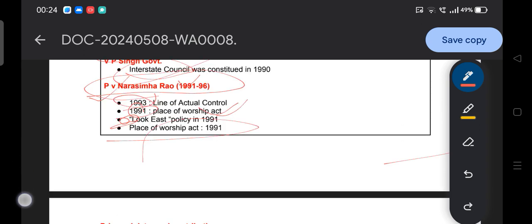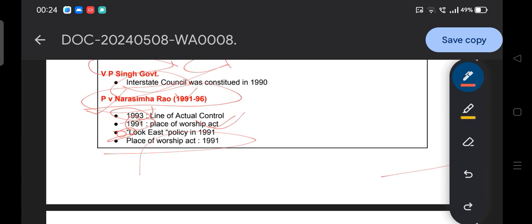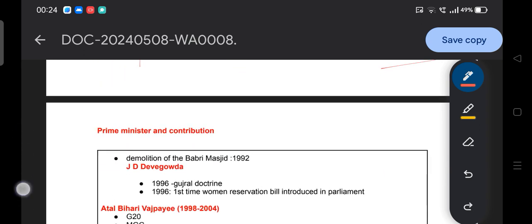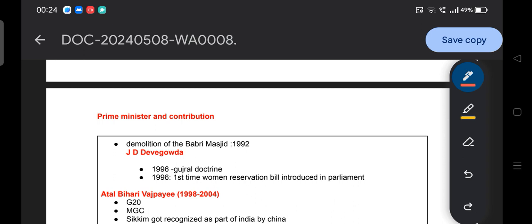Also, after the Places of Worship Act 1991, under the PV Narasimha Rao government, we also saw the Babri Masjid demolition in 1992, carried out by Hindu groups like the Vishwa Hindu Parishad.